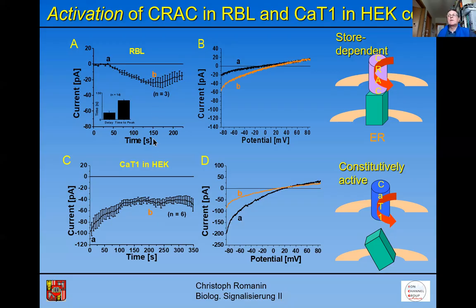of about 150 seconds. Whenever we check for this calcium current, we do this also by doing current-voltage relationships. And meanwhile, you also know what the current-voltage relationship looks like. You can see here the potential from -80 to +80 versus current.